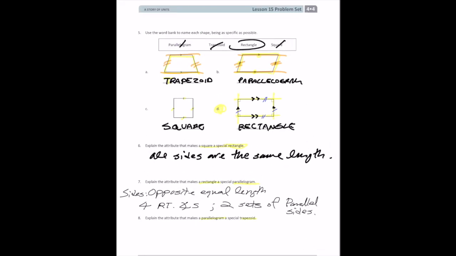Okay? So this is going to be a little tricky. It says, explain the attribute that makes a parallelogram a special trapezoid.